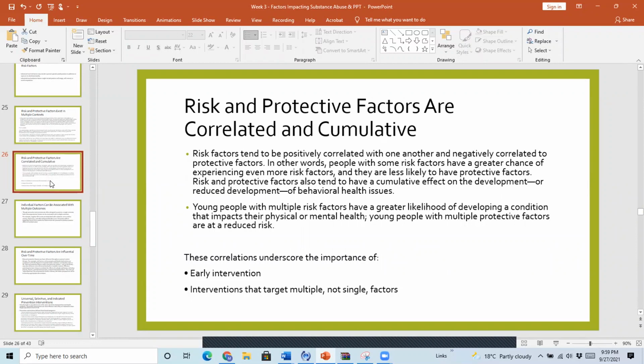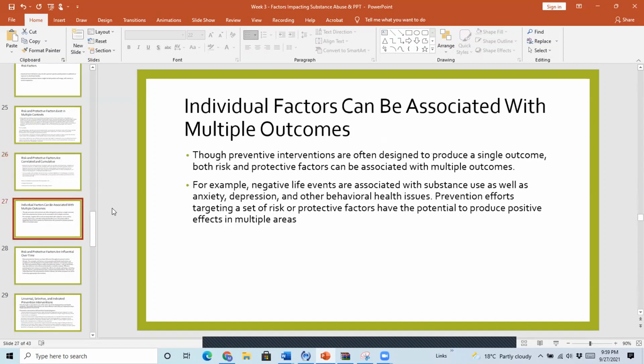So these correlations underscore the importance of early intervention, and of making sure that you have multiple protective factors as supports. Now, through preventative interventions, there's a couple of things that I want to mention here. Negative life events are also very present when it comes to addictive disorders.